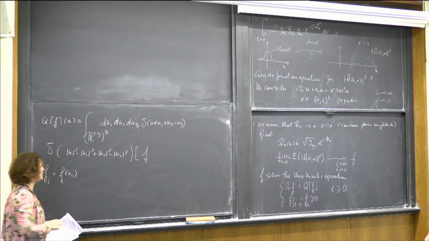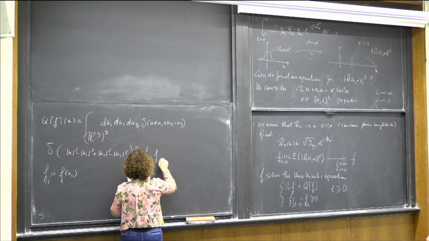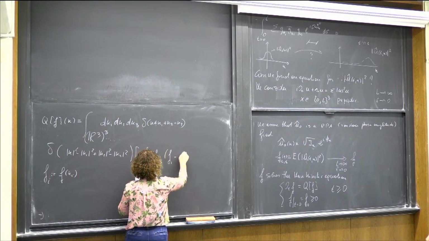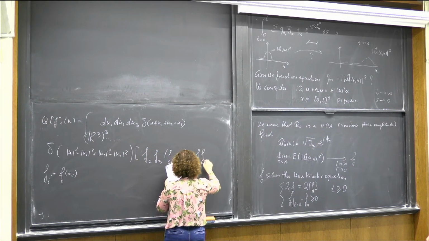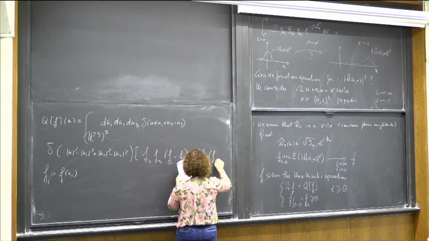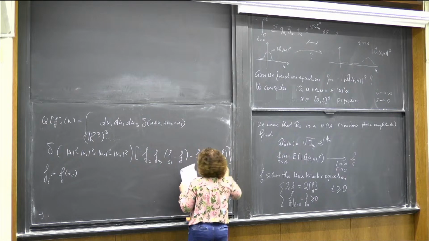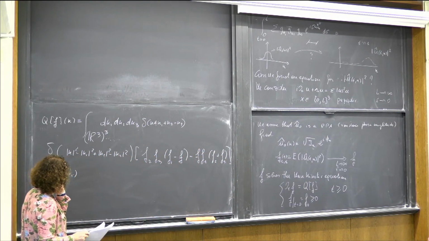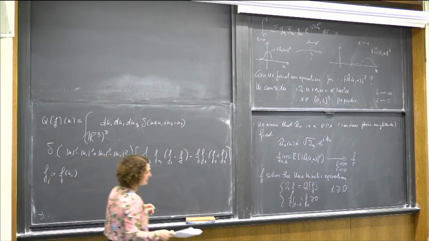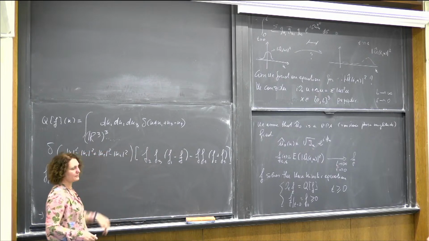So F2, F3, F1 minus F. There are some symmetries, so you might see it written a slightly different way. That's the Q for this equation. This is called the 4-wave kinetic equation because there are 1, 2, 3, 4 waves interacting.